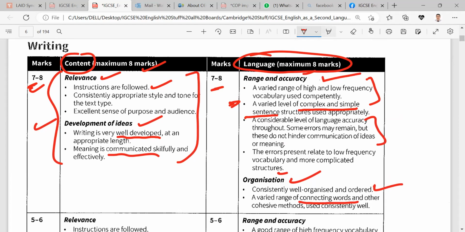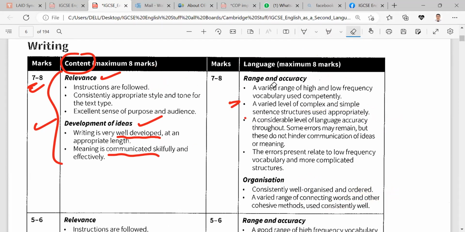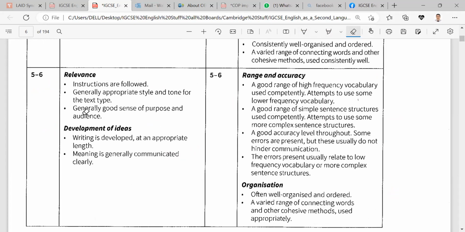But now, please, Jury, can you read here? Can you read the same rubrics, but if the student here is graded 5 out of 8, for example, here from 5 to 6.